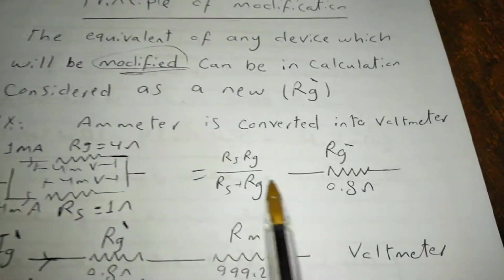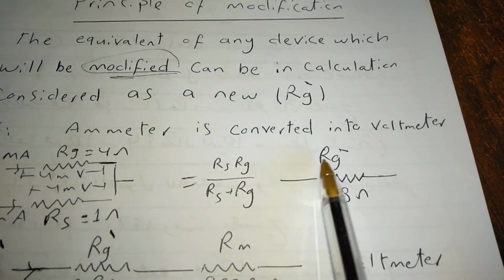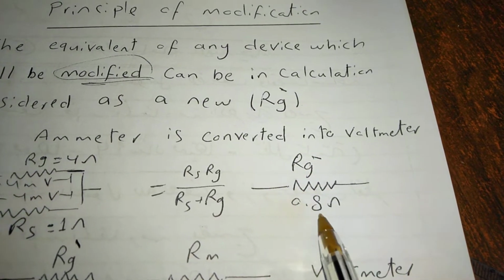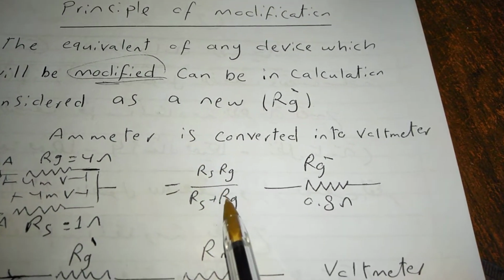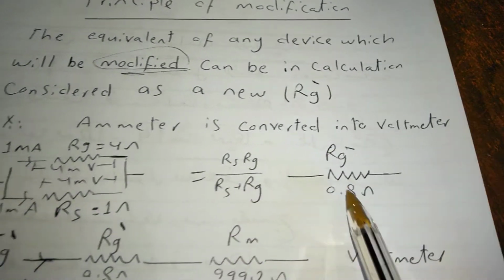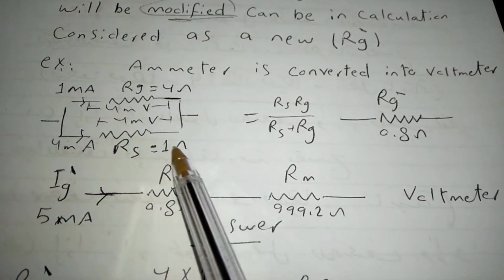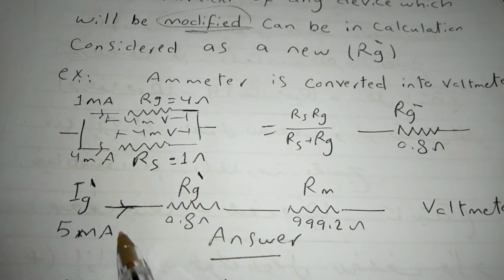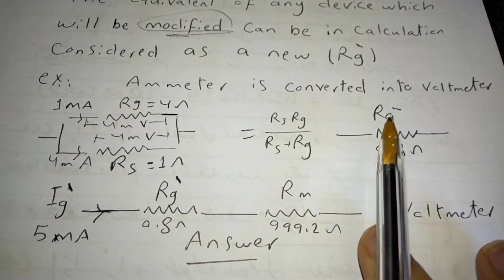According to the principle, we collect all the device as one value, considered as a new RG, so it is product divided by sum. So we have 0.8 ohm, which can be considered as the RG of the new voltmeter, and here we have the IG dash, which is the sum of IG and IS.